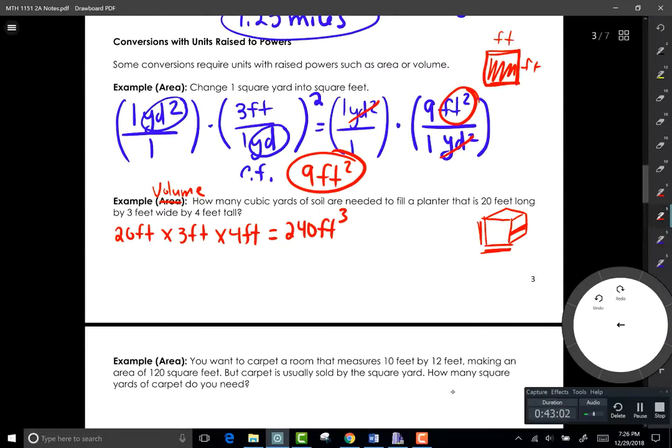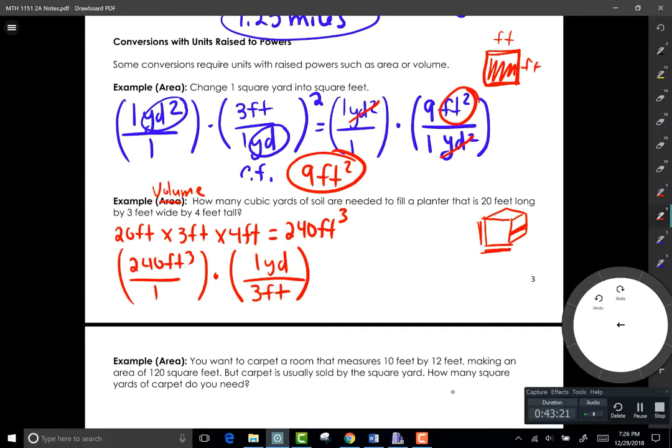So I have 240 feet cubed over 1. And since I know that there are 3 feet and 1 yard, I'm going to write that as my conversion factor. And because that conversion factor is equivalent to 1, I can cube it, right? Because 1 cubed, that's 1 times 1 times 1, which is still 1.